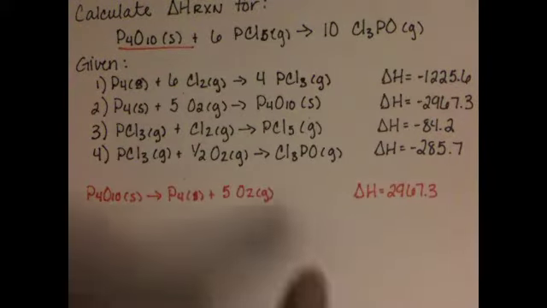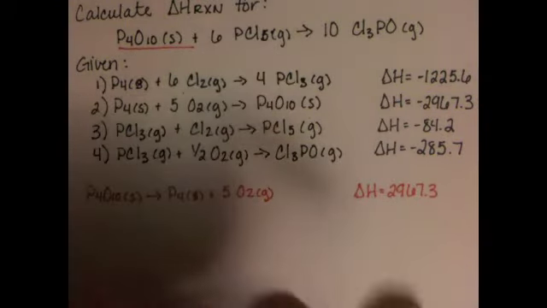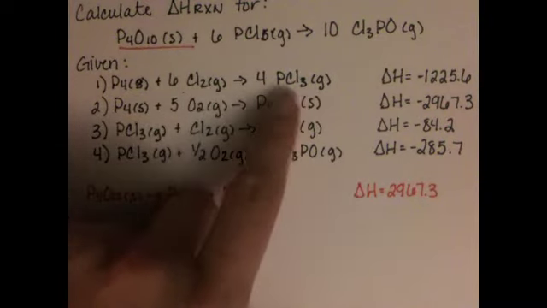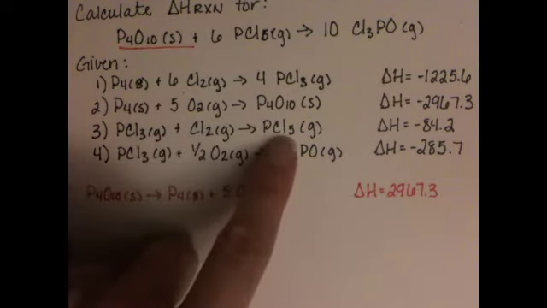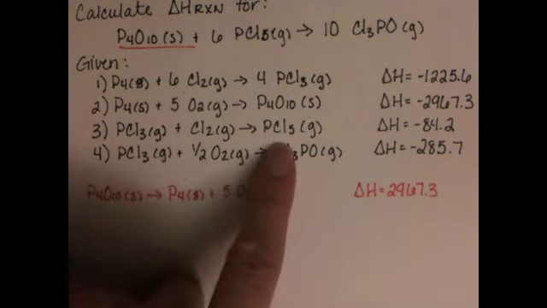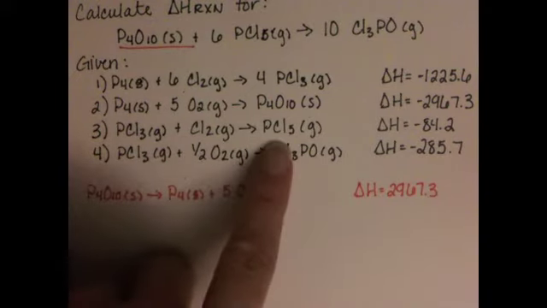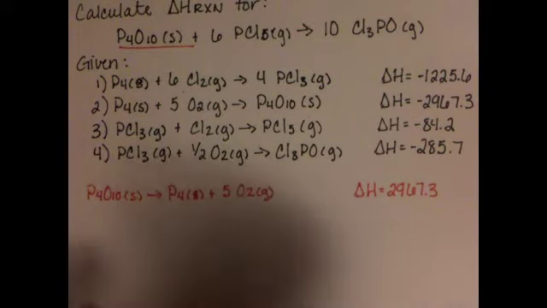Now we need 6 PCl5 gas reactants. So we're going to look through equations 1 through 4 and find PCl5. And here it is in equation 3 as a product. It needs to be a reactant, and we need to have 6. So we're going to flip this equation backwards, and we're going to multiply the whole entire thing by 6.